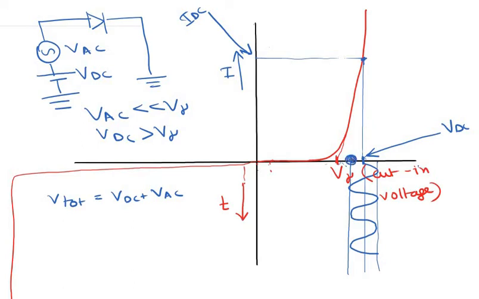Corresponding to this minimum voltage, we have the minimum current. So we again map this IV equation of the diode to the current axis, and then we get the minimum current here, which is basically I min.